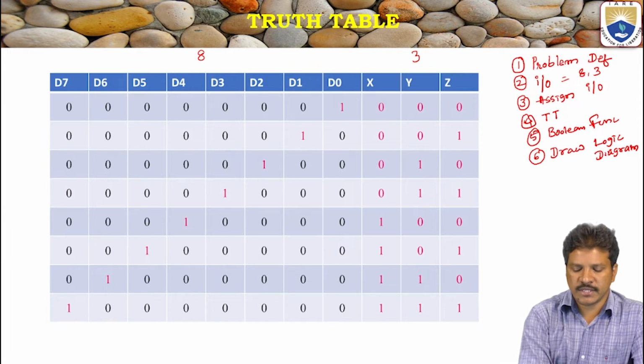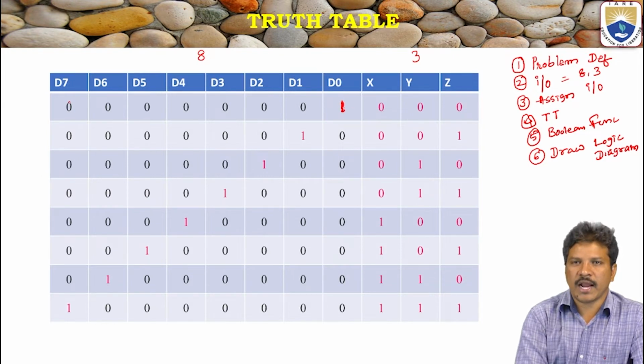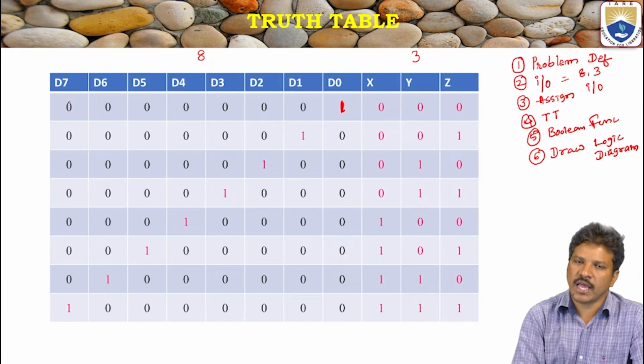In this case, if the remaining are all zeros, only D0 will be active. The input D0 is 1, so the remaining inputs are zeros. What will be its corresponding output in the encoder?